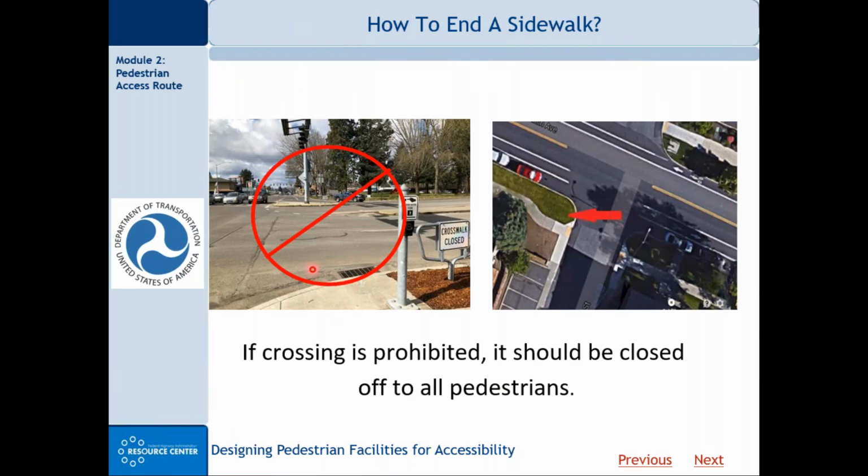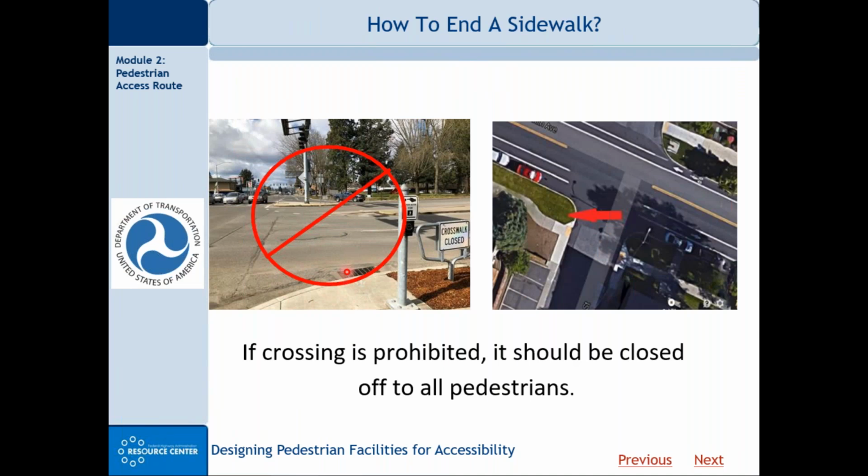And so hopefully there's an accessible route on the other side, off the image here. You don't have to have all four crosswalks accessible. As long as the intersection is accessible, you're still complying with PROWAG. So for safety reasons, apparently this agency has said we don't want pedestrians crossing here.